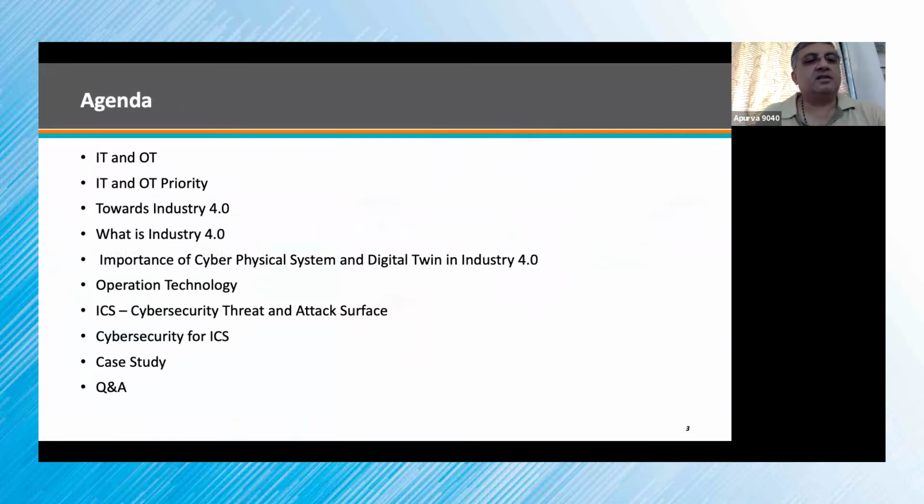Because to reach Industry 4.0 and the threat landscape and the attack surface on the Industry 4.0, I'll briefly go through IT and OT, what are the priorities, how Industry 4.0 has arrived, what it covers, what is the importance, and what is the role of our operational technology within Industry 4.0. And I'll briefly take a couple of case studies and then we can have a question and answer.